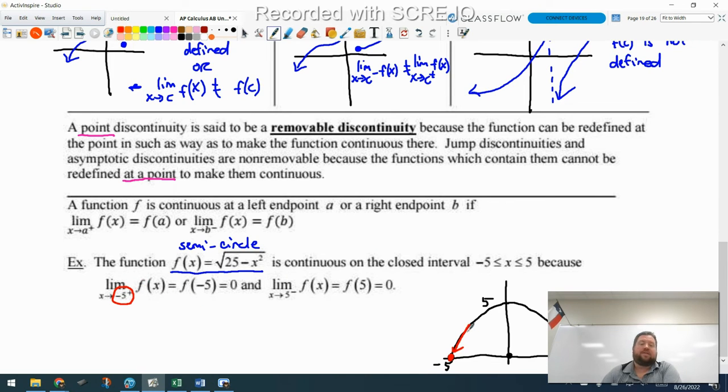Therefore, the function is continuous at that endpoint. On the other endpoint, f of 5 exists. It's a closed circle. We know it's equal to 0. And then if we do the limit as x approaches 5 from the left, it approaches that closed circle right there. So the limit is equal to the value of the function, which means that it is continuous at that point.